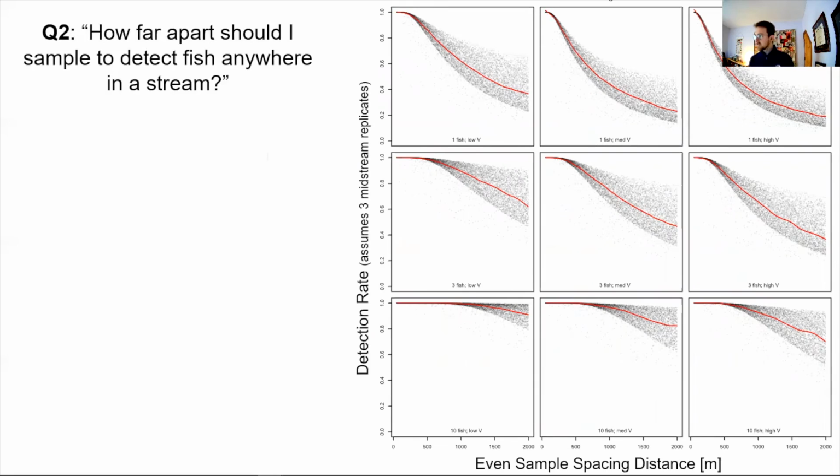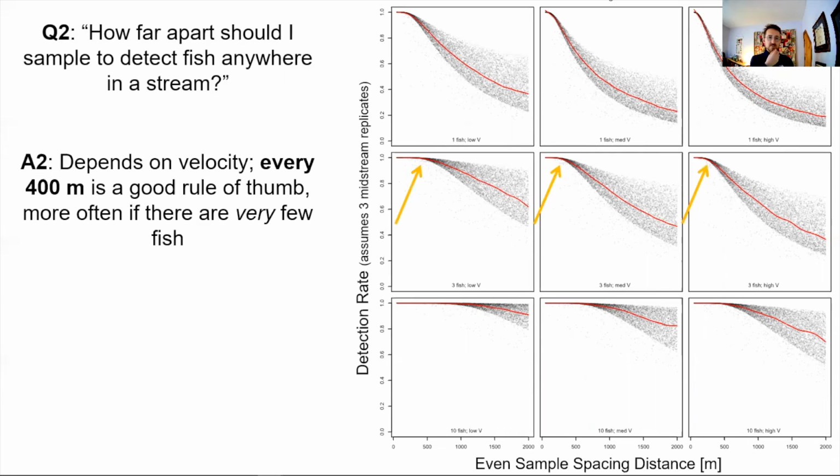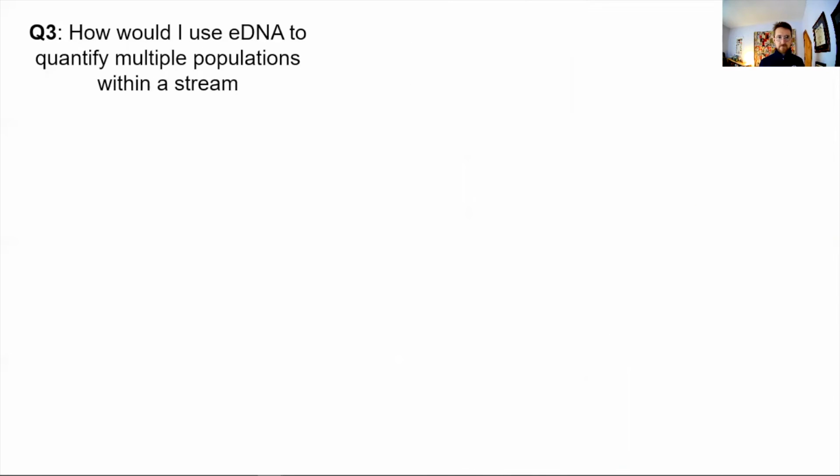So here we're looking at the detection rate of a few fish just randomly in a stream based on this even sample spacing. And we can get the answer that it's really dependent on velocity and number of fish, but a good rule of thumb to start with is to sample every 400 meters to detect fish if you don't have any a priori hypotheses of where they are.